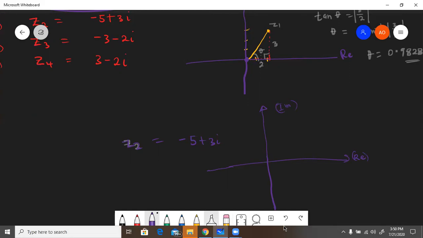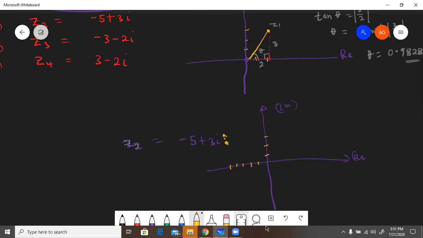Now from what we see here, the real part is -5, the imaginary part is +3. So 1, 2, 3, 4, 5, and 1, 2, 3. So the meeting point will be somewhere around here.